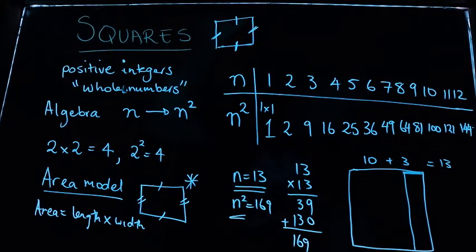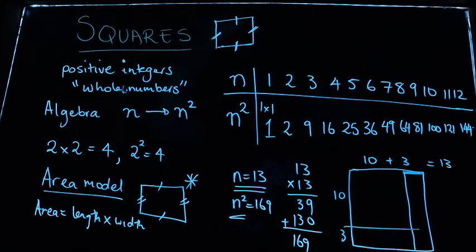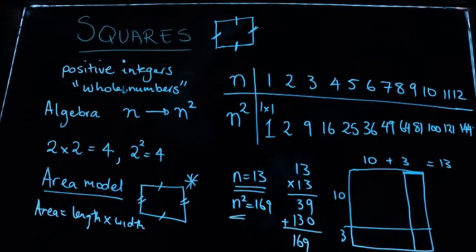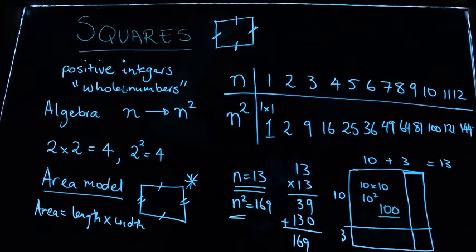I'm going to do the same down here. This is 10 and a 3, and what I've done here is, it's not quite to scale, but I've created 2 squares. This is 10 times 10, or 10 squared, or 100.